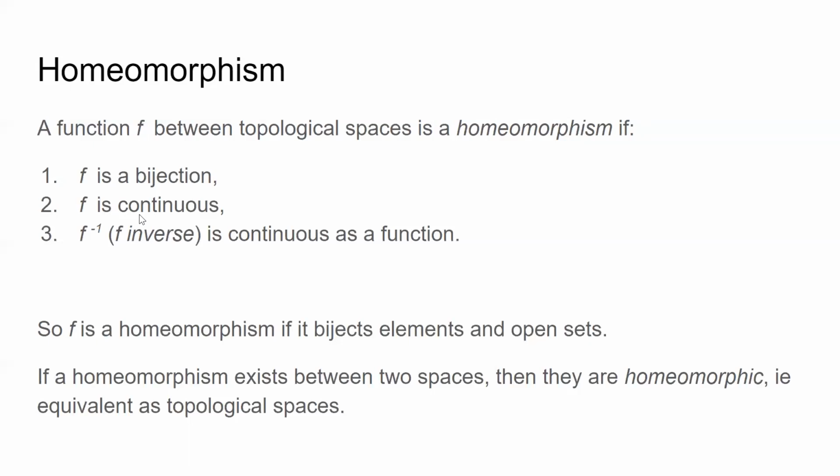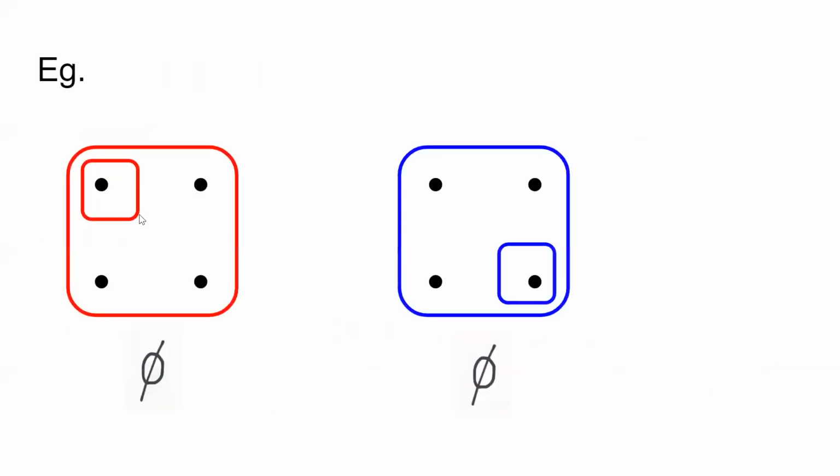And if a homeomorphism exists between 2 spaces, then they are homeomorphic, which means that they are equivalent as topological spaces. So when I look at a topological space and I wonder what is the shape of this space, the space is going to be given by the topology. And when I have 2 different topological spaces, I'll know that they have the same shape if there's a homeomorphism between them. All right, so let's take a look at some examples.